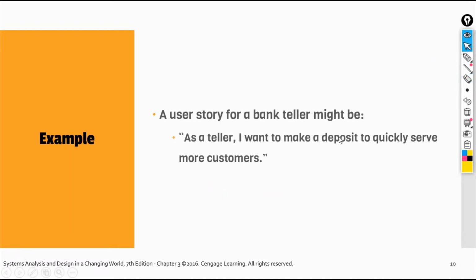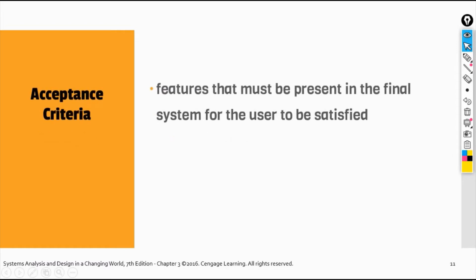A final part of a user story is the acceptance criteria. These are the features that must be present in the final system for the user to be satisfied. Meaning, this indicates the features that must be implemented or that must be satisfied with the resulting implementation.